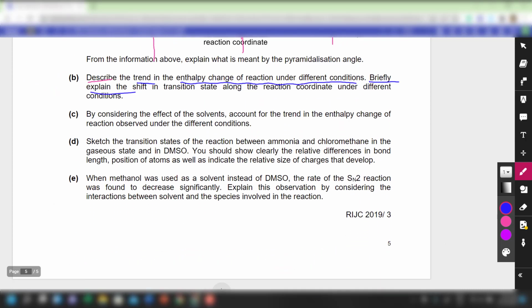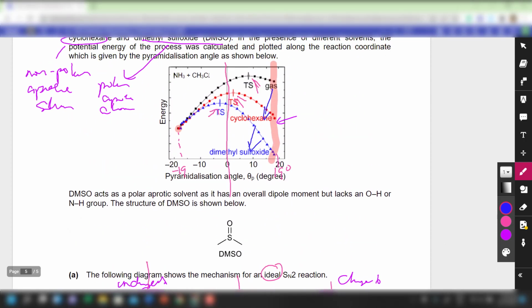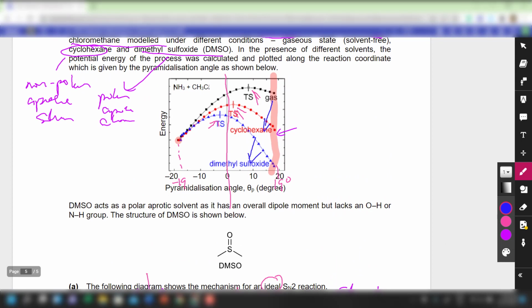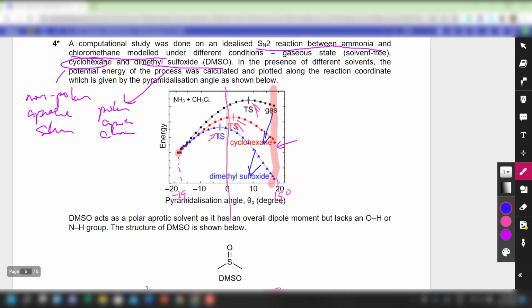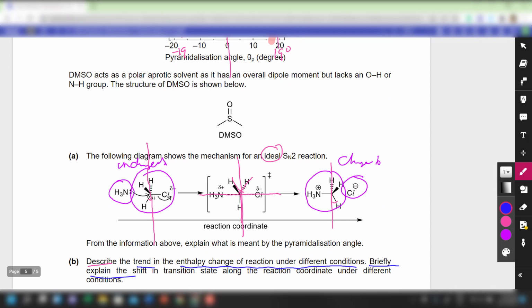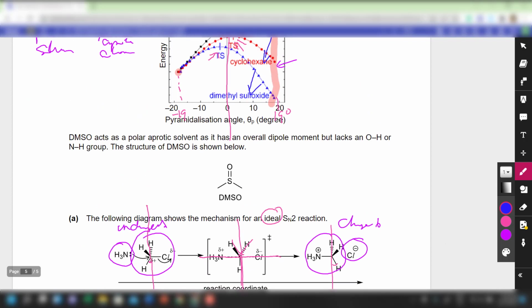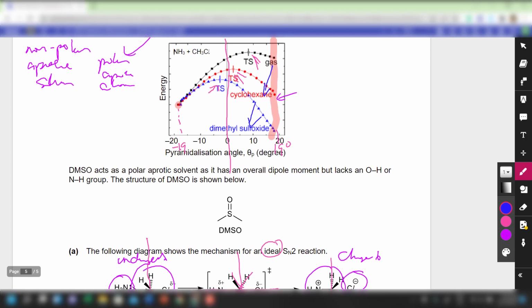Then moving on to part C, by considering the effect of the solvents, account for the trend in the enthalpy change of reactions under the different observed conditions. I think we have already answered this part. Because in the course of SN2, a charge is being developed in the product, the product is better stabilized by a polar solvent such as DMSO.